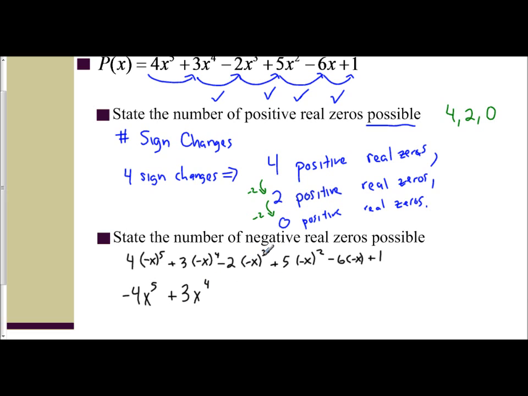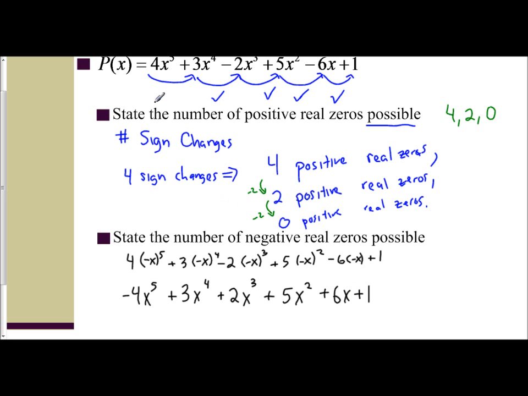A negative to an odd, that means this one is going to be negative. So negative 2 and a negative is a positive 2. Negative to an even is positive, so positive 5 and a positive is a positive 5. Negative 6 and negative x is positive 6x plus 1.